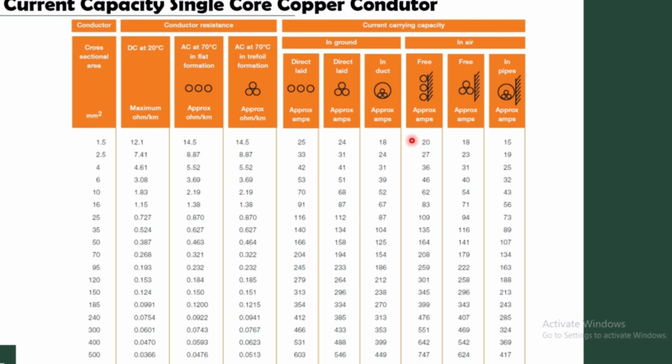If I install the cable direct lay, see here 70 can carry 204 ampere. And if I install it in the duct, the same cable's current capacity will decrease to 154 and so on. You will find all this data in the catalog of any cable.